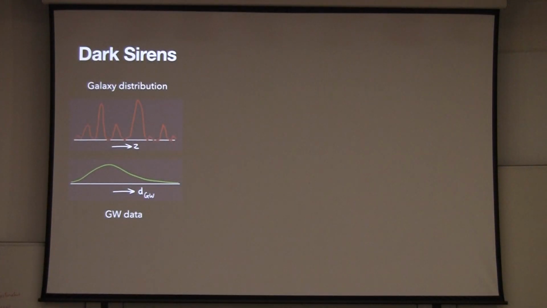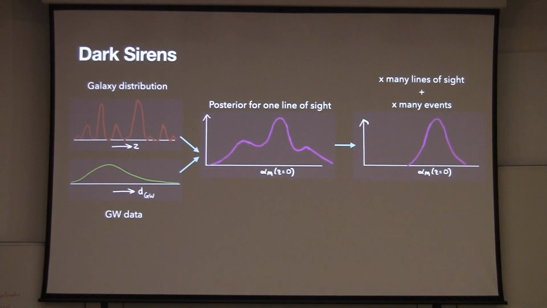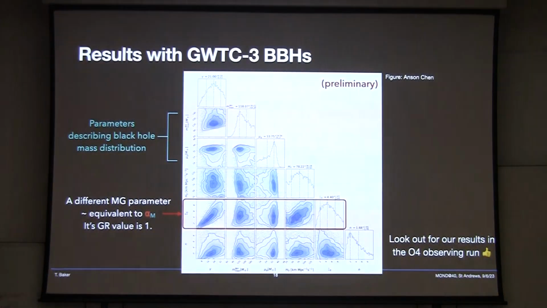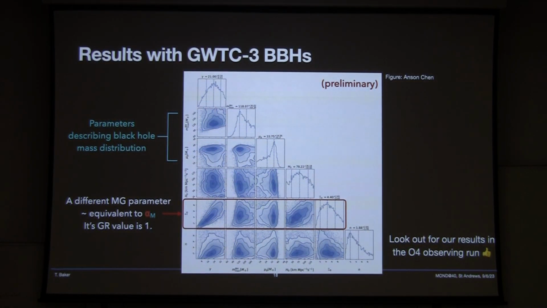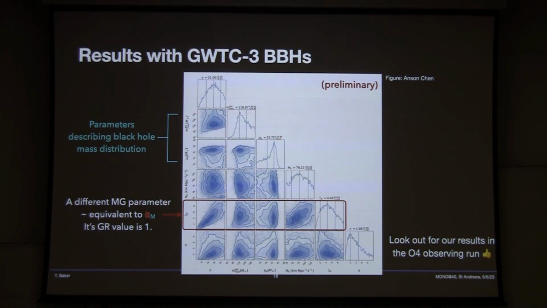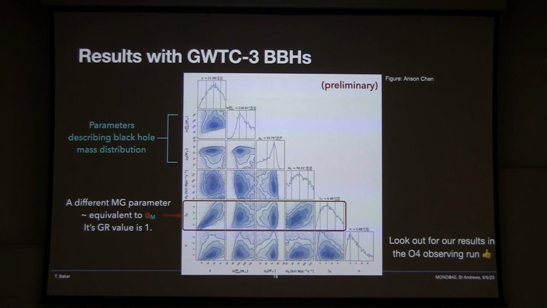Okay, so I'm going to skip this slide. This is just a little bit more detail on how we actually do this. I will jump to the results, at least the current results. So this method, via lots of things I've had to leave out, can be used. And we can't just constrain one parameter. We can't just constrain our modified gravity parameter.